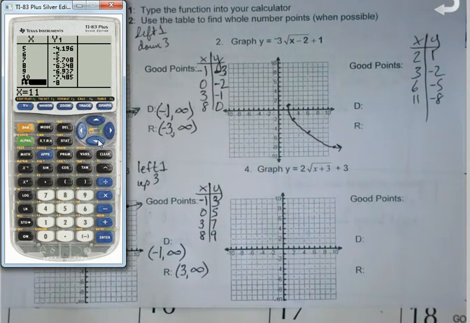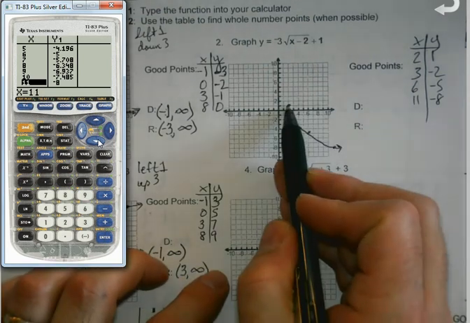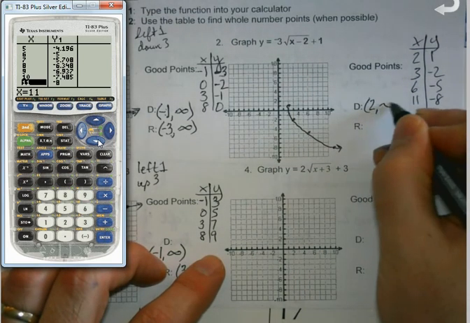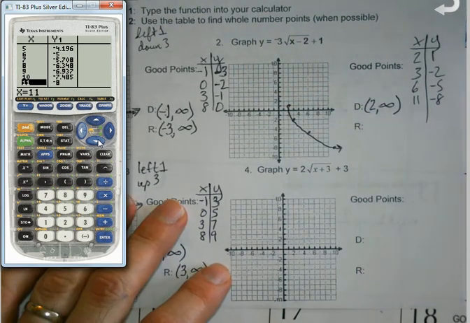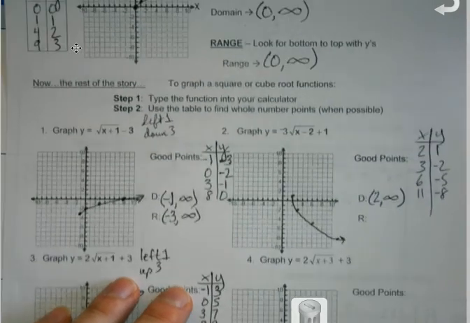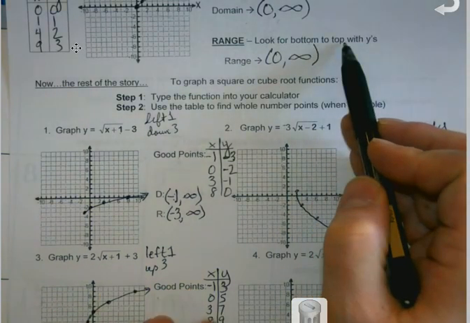When it opens downward, the 2 and the 1 are still going to be involved in my domain and range. My graph, when I start to the left, still starts at 2 and goes off forever to the right. But my range is a little different. Because when I'm doing my range, and I'll pull this back down for a second, range, look bottom to top.